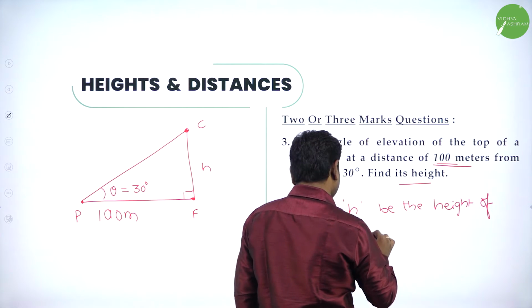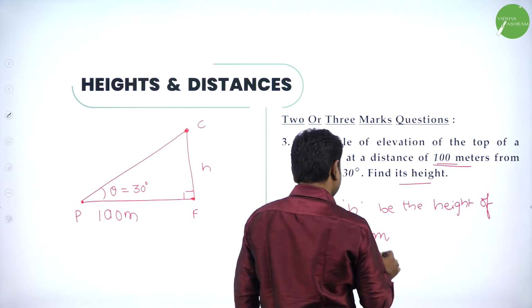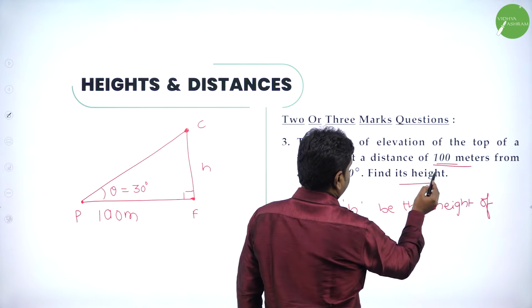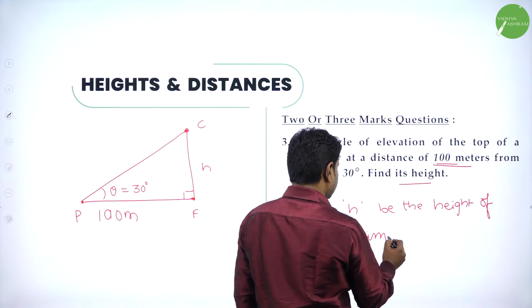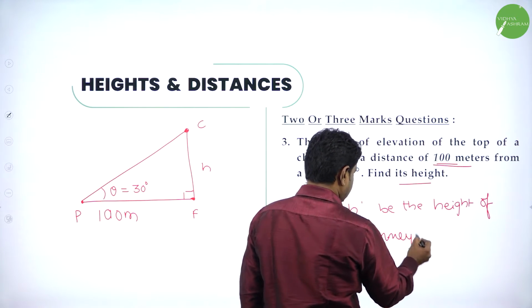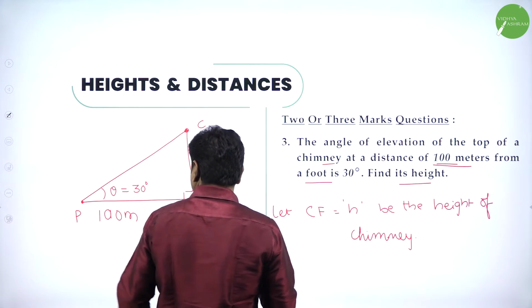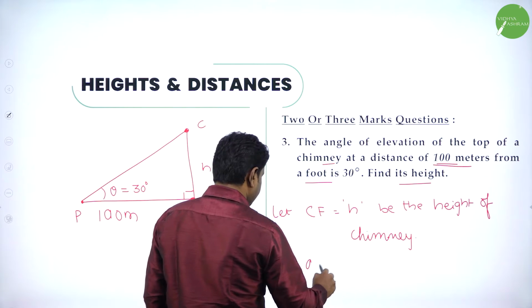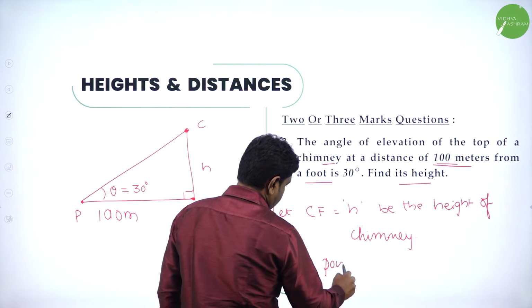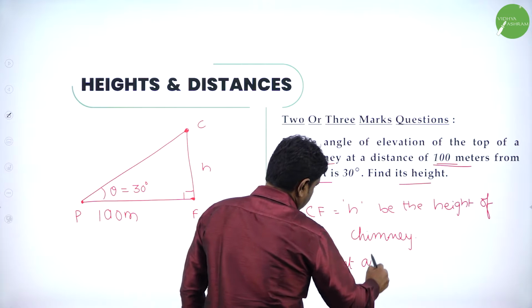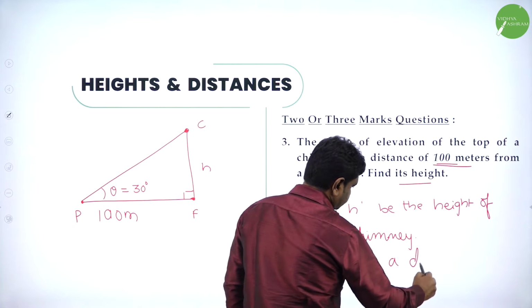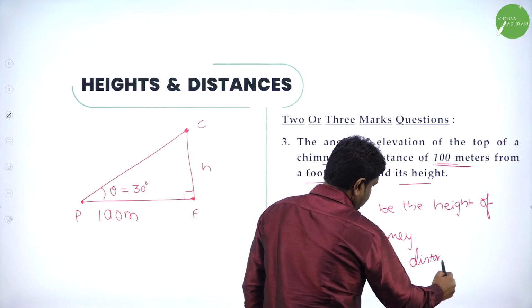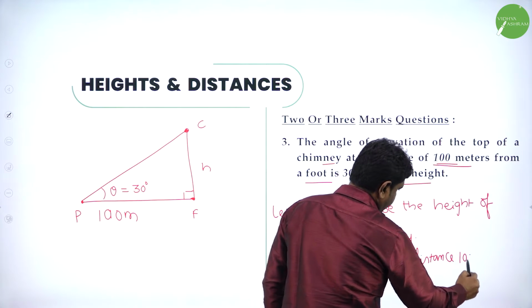This is our assumption. And P is a point at a distance of 100 meters from the foot.